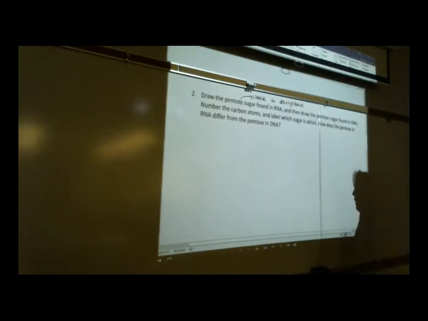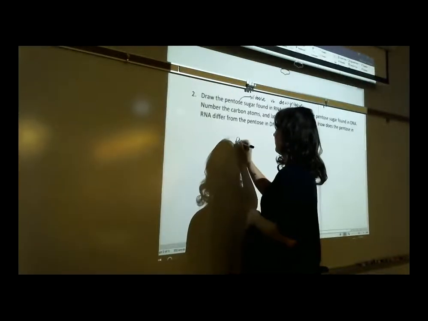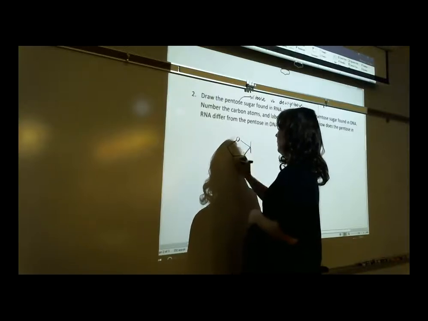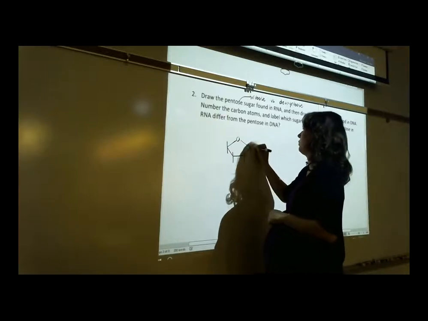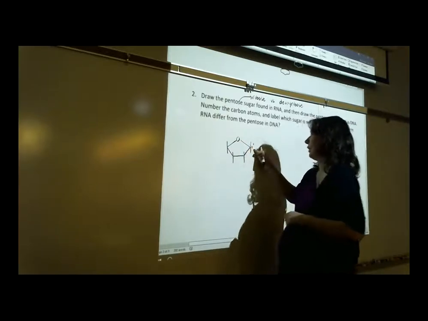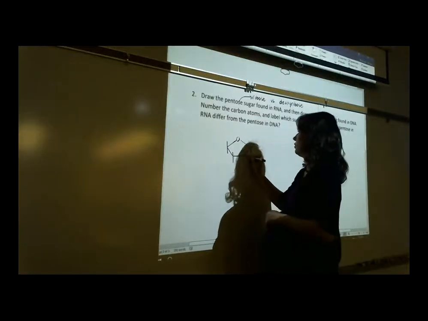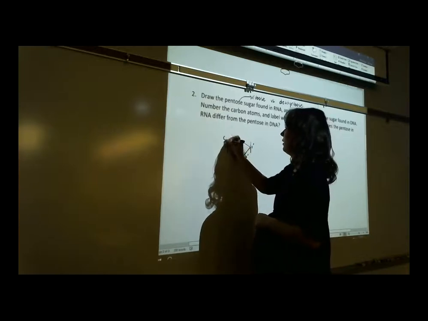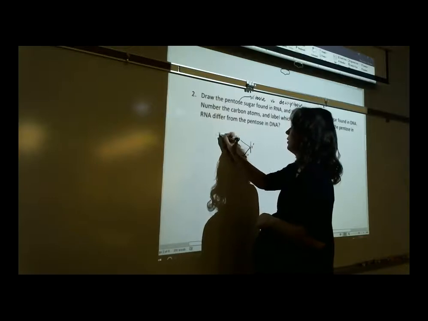And so deoxyribose is a 5-membered ring. And remember, we use the primes to delineate from the carbons in the base. So 1 prime, 2 prime, 3 prime, 4 prime, and there's 5 prime.